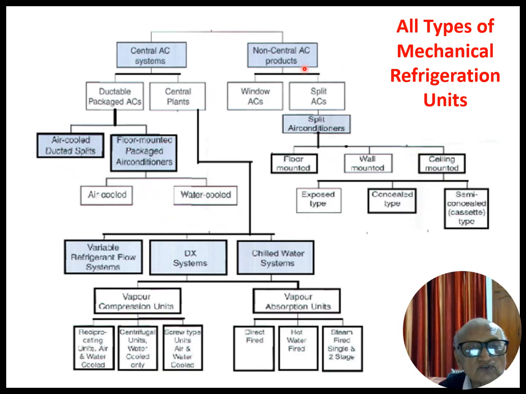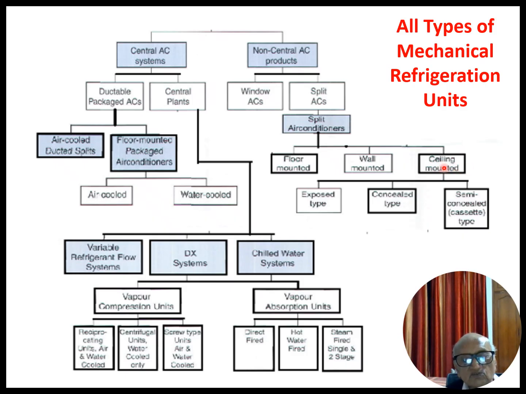Now we go into non-central AC systems, which are also known as unitary systems. They are available in the window air conditioner category. These are up to 3 tons. Then a split air conditioning unit, which gets divided into floor mounted, wall mounted, or ceiling mounted.